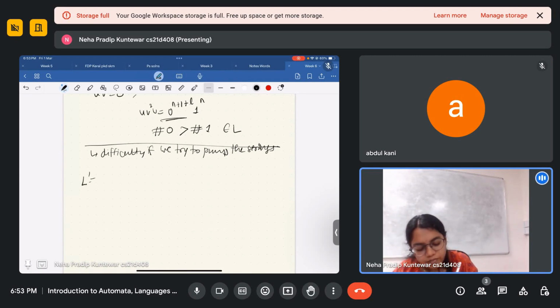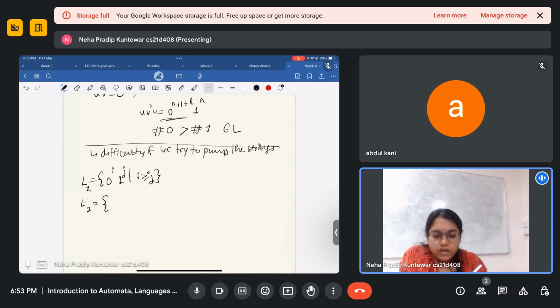So let's say L is this language, the set of 0 to the i, 1 to the j, such that i is greater than or equal to j, let's say L1.